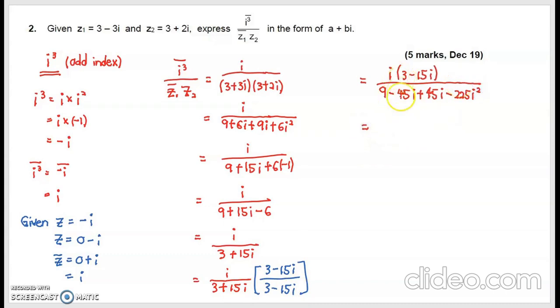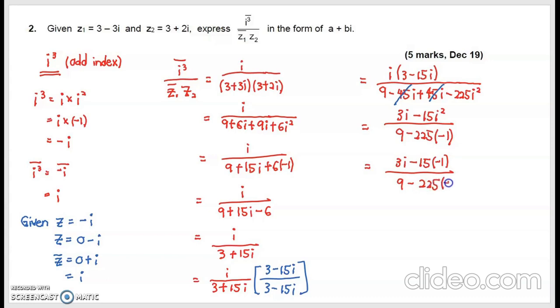So the numerator: i times 3, 3i, minus i times 15i, 15i squared, over 9. For the conjugate, here we can cancel out negative 45i plus 45i. So here we have minus 225i squared, where i squared is negative 1. Same for the numerator, i squared is negative 1, over 9 minus 225 times negative 1.